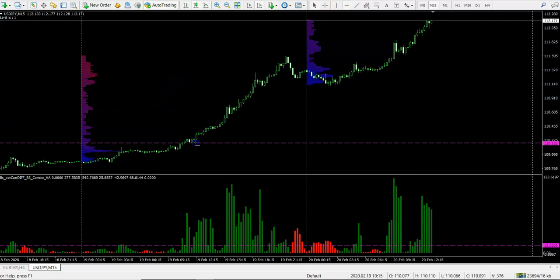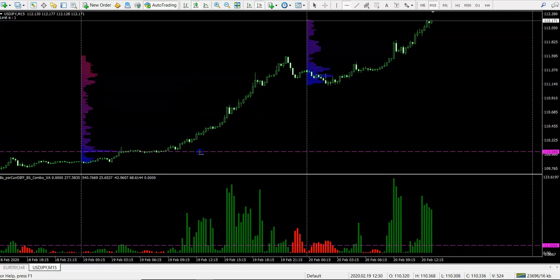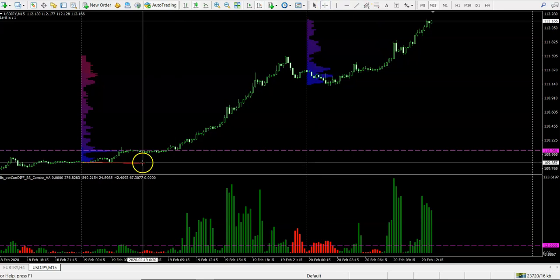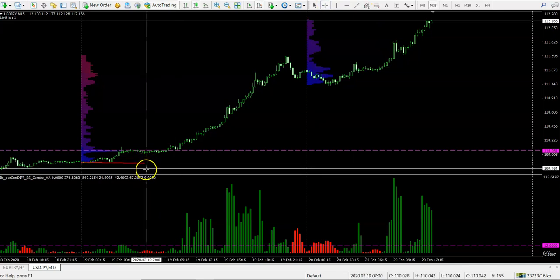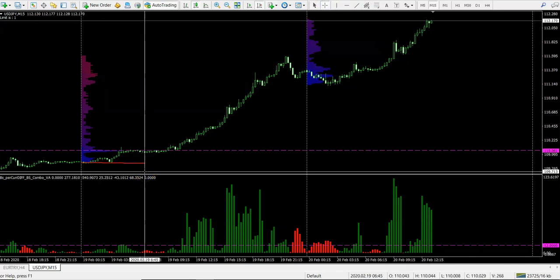In this particular case, you have a line here, okay, of which I'm not really that worried about this low. What I would possibly do is make sure that my stop loss is not below this low. It's slightly under that low. Why?